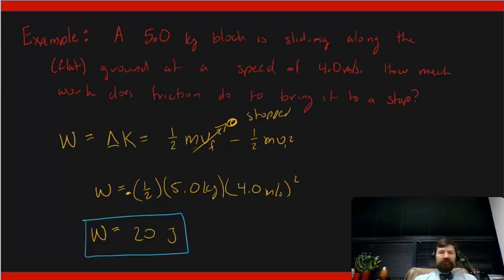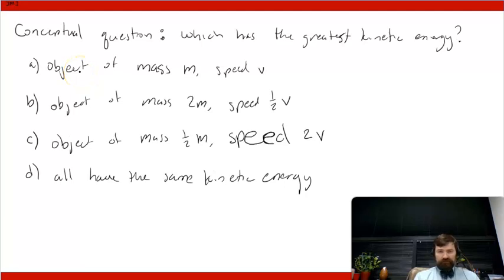Okay, a conceptual question. Which of these has the greatest kinetic energy? An object of mass m and speed v, an object of twice as much mass but half as much speed, an object of half as much mass and twice as much speed, or do they all have the same value? So in this case, K would equal 1/2 times m times v squared.